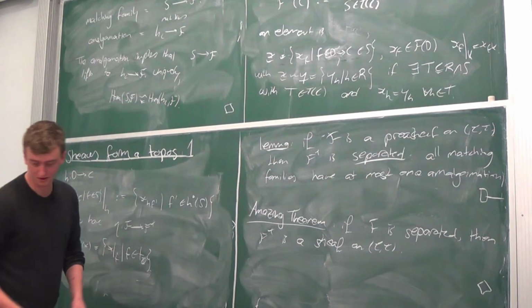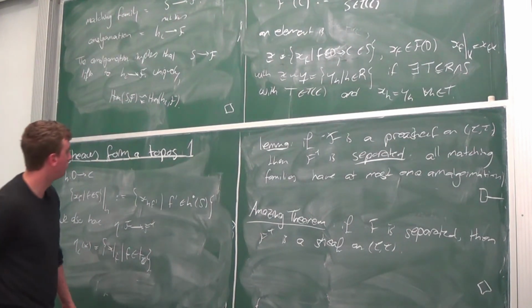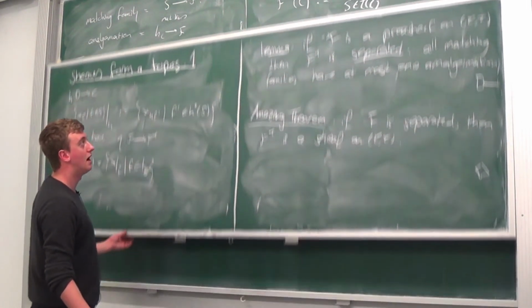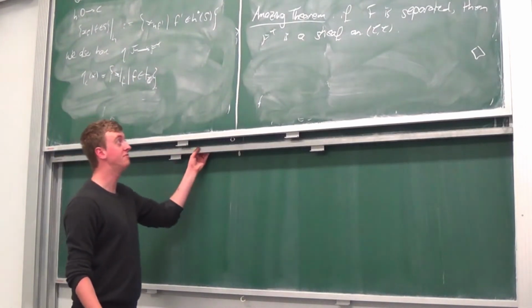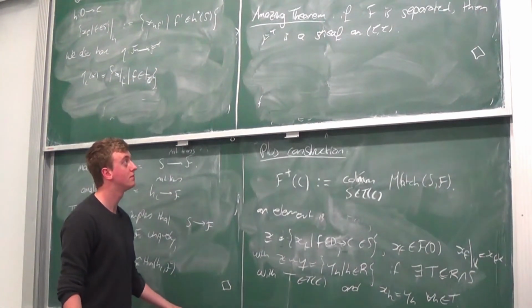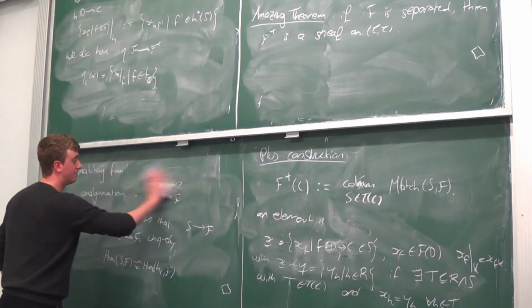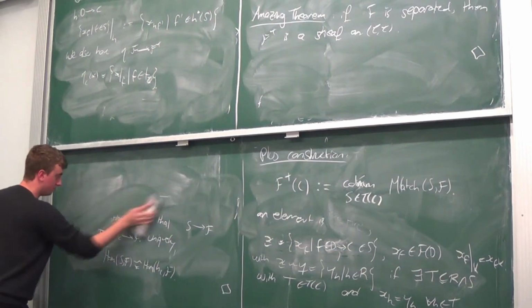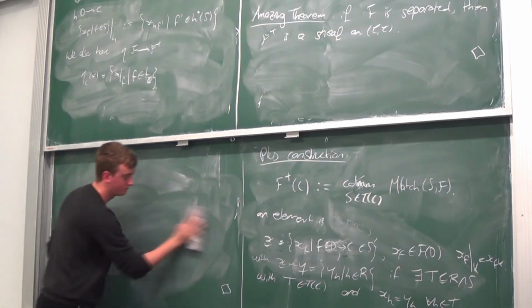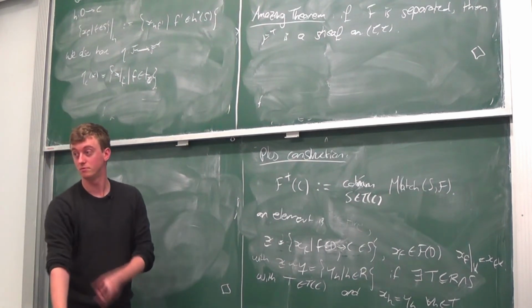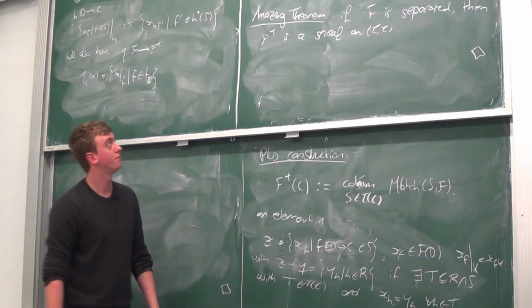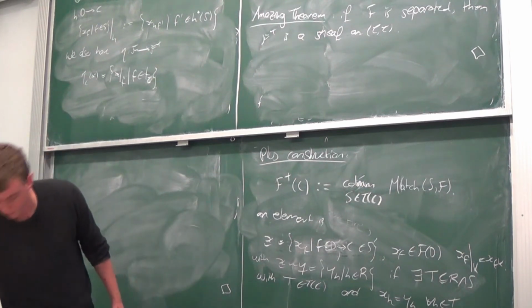Okay, so now we've achieved our goal of upgrading a presheaf to a sheaf, and it's functorial. What we need next is to show that it is universal. So explicitly, F goes to F plus plus, which we haven't quite seen.